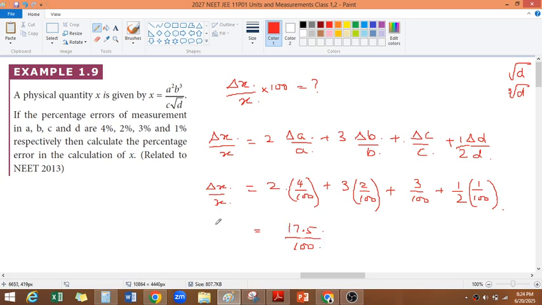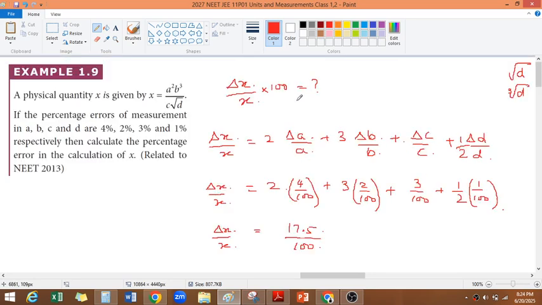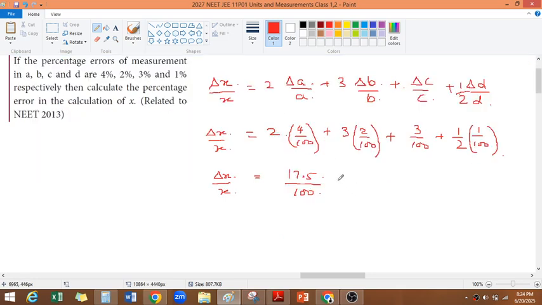So the relative error for x is 17.5 by 100. But they are asking you to find the percentage error, which means multiply by 100. So always remember, percentage means you have to divide by 100, but if you want to find the percentage, then you have to multiply by 100.